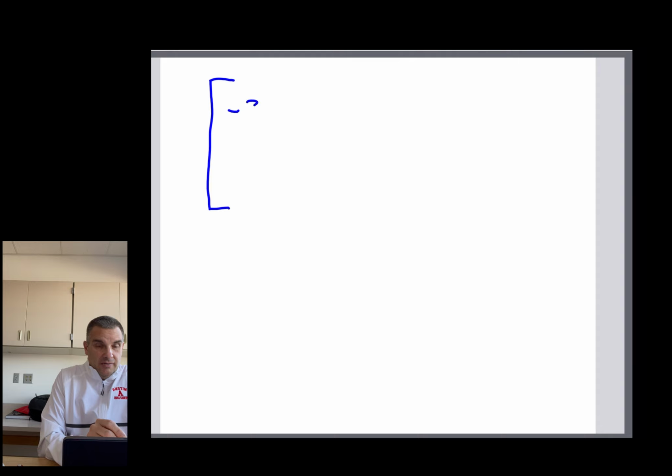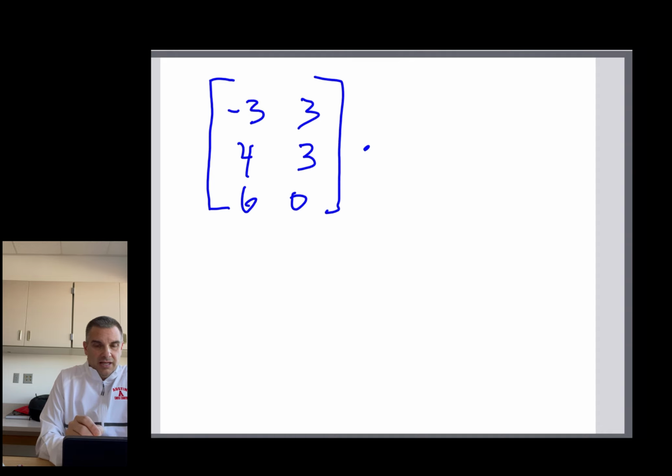So we're going to go -3, 3, 4, 3, 6, 0 times 3, -6, 0, -1.